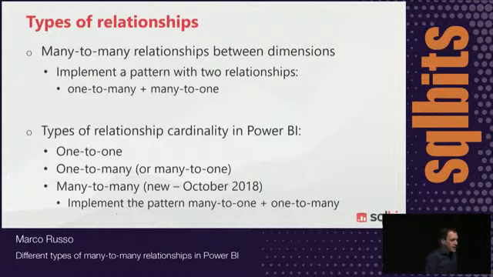We have different cardinality in a relationship in Power BI, like one-to-one, one-to-many, and recently many-to-many, that cannot be confused with a many-to-many relationship between dimensions. So in the next 45 minutes, I will try to explain what the difference is and make you aware of what is the right choice you have to make when you design your data model.